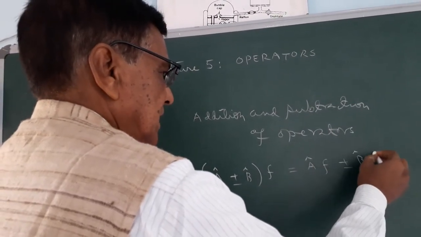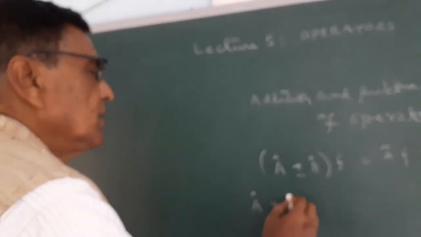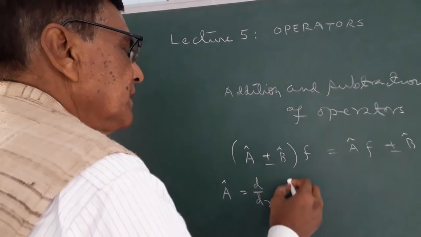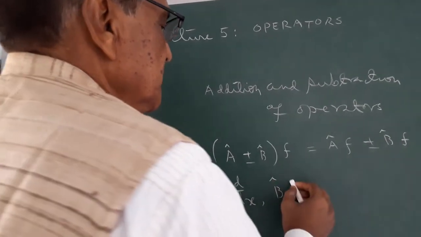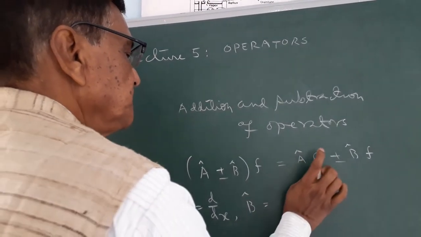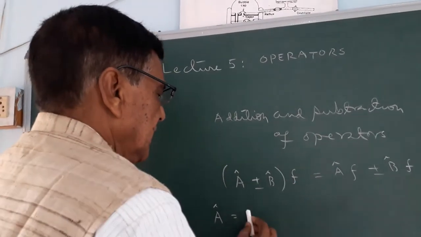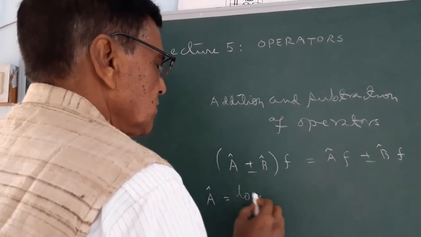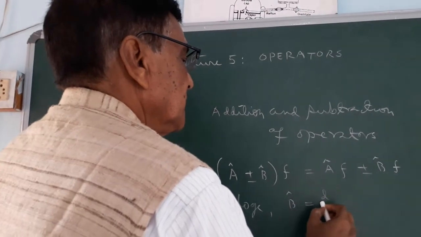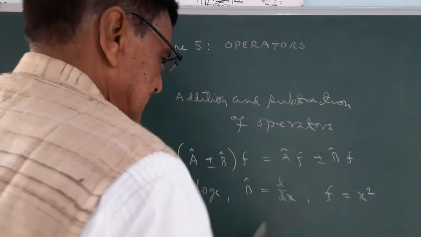For example, say A cap equals d by dx, and B cap is, say, 3x squared. Or suppose A cap is log e, which is also an operator, B cap is d by dx, and the function is x squared.